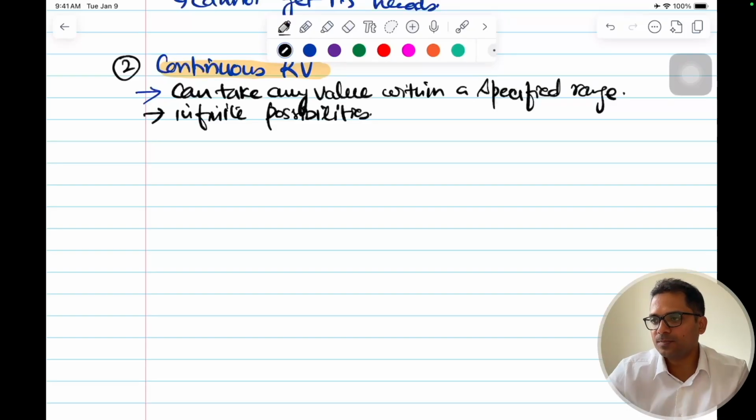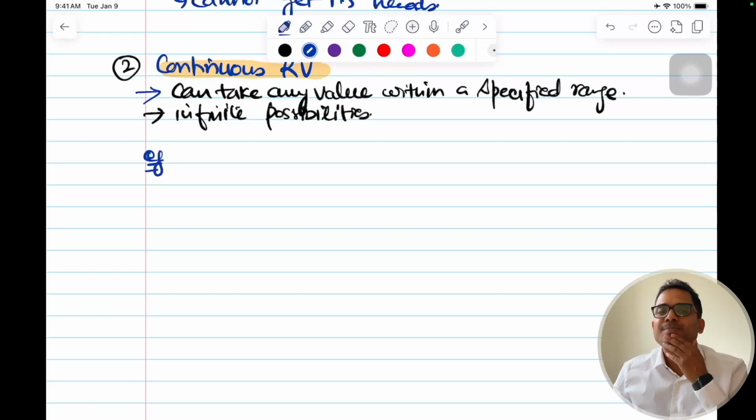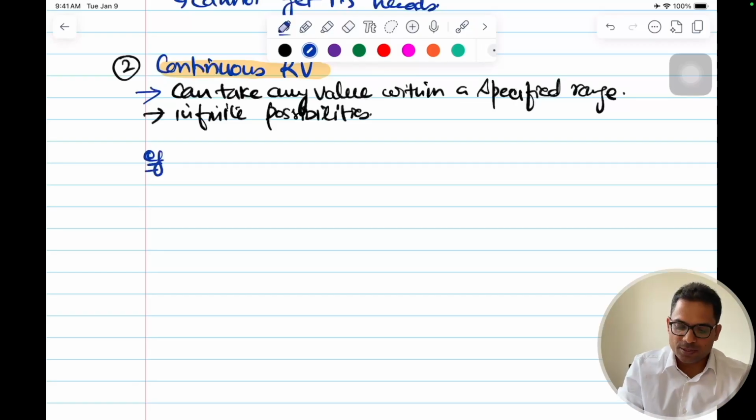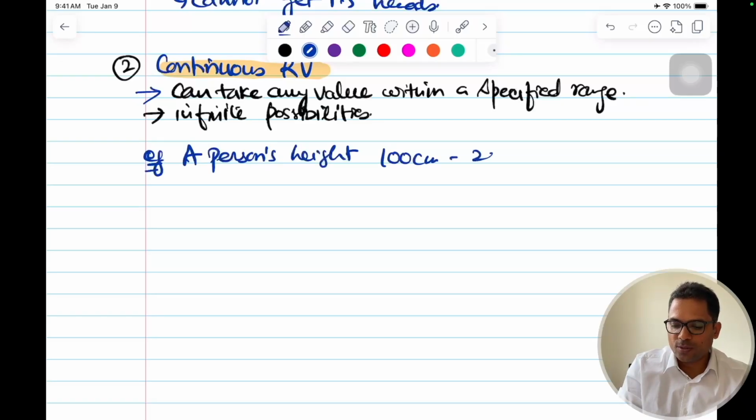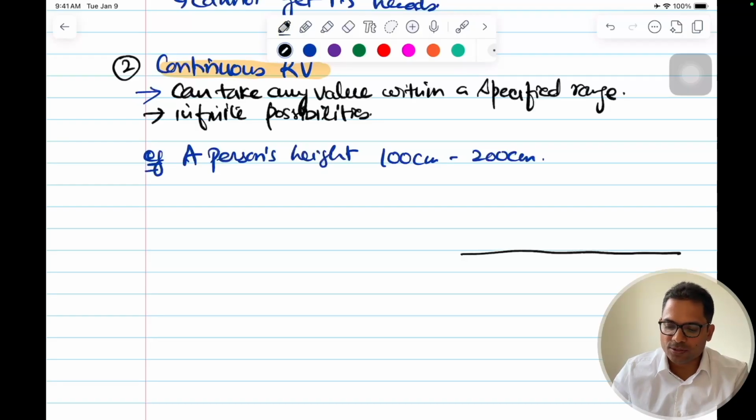So there can be infinite possibilities. Let me give you an example. Let's map the height of people, say anywhere in the range between 100 centimeters and 200 centimeters, and we know that this will follow a Gaussian. I'll discuss the Gaussian later, and give you an example there also.